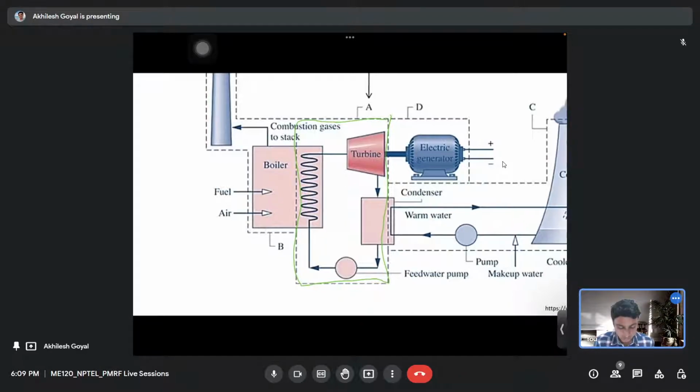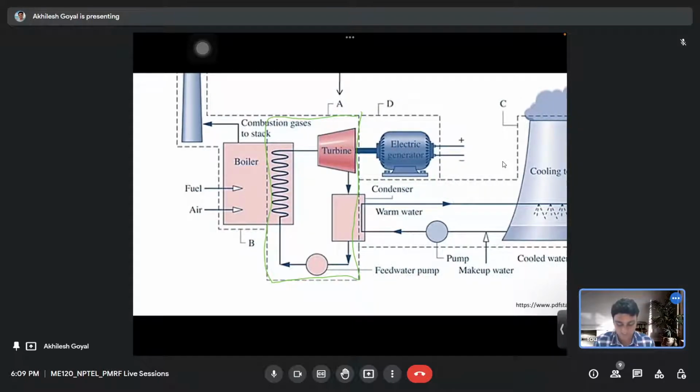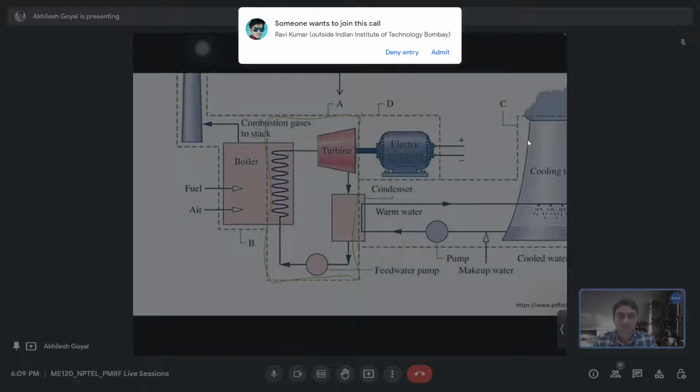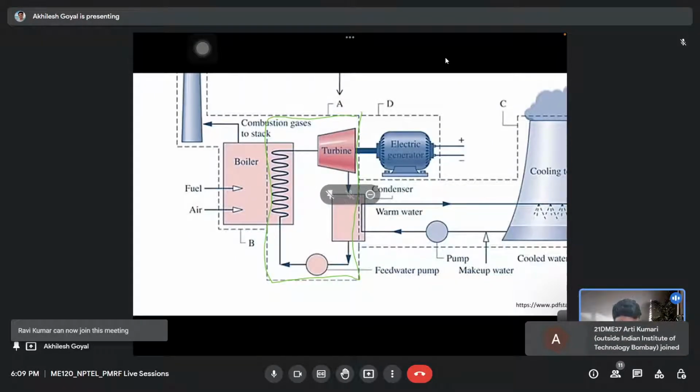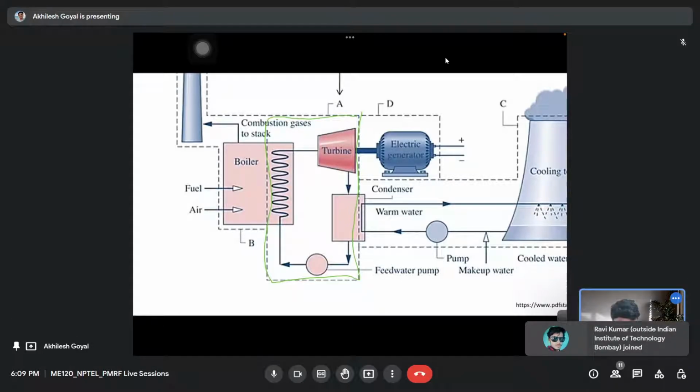When water leaves the turbine, it is in the form of steam. So when it goes to the condenser, it loses some heat and condenses and converts into water. And then this water goes through the pump. This is the pump, and the pressure of this condensed water is increased, and then it is again fed to the boiler. So this whole circle is a cycle.